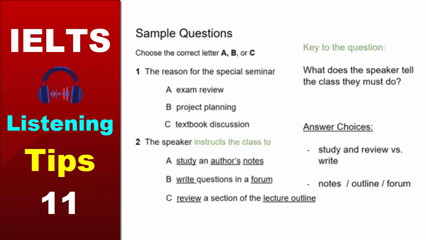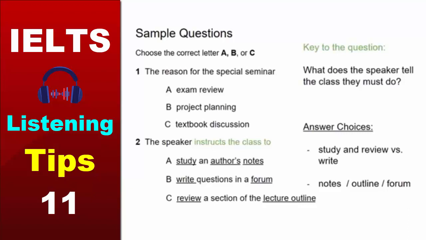Okay, then as we look at the answer choices, notice that answer choices A and C are a little bit similar in the sense that the verbs study and review could be quite similar and possibly might even share a similar paraphrase or synonym as the speaker's talking. So we'd want to be careful there.